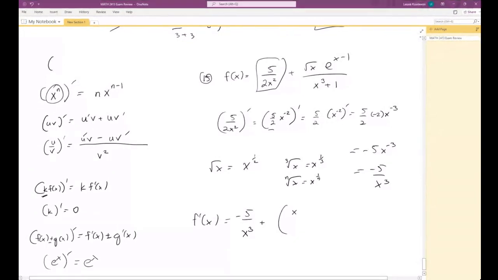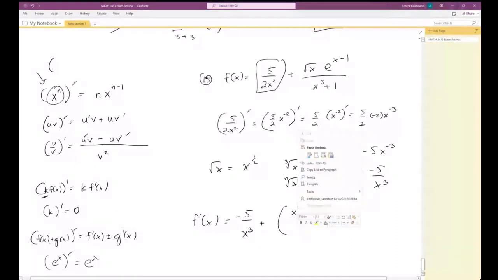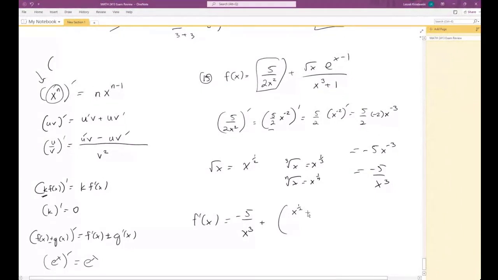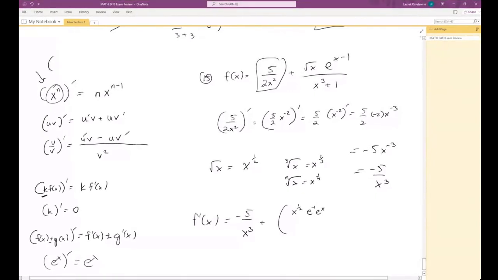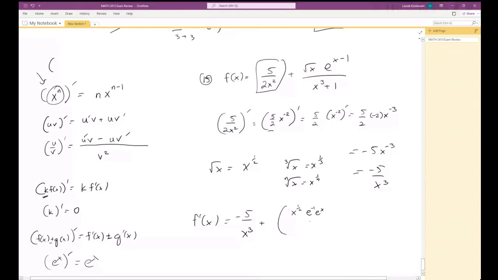We do this because we want to use the power rule, which works for any power: fractional, negative, positive, rational, irrational. So we write the square root as x to the half. And since we're not using the chain rule, let's think of that as e to the negative 1 times e to the x, by properties of exponents.